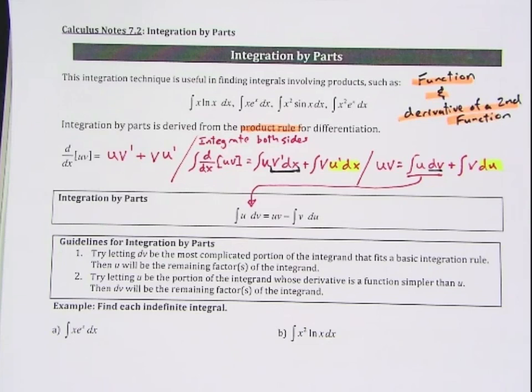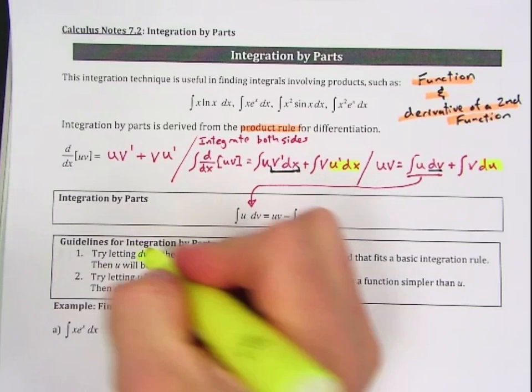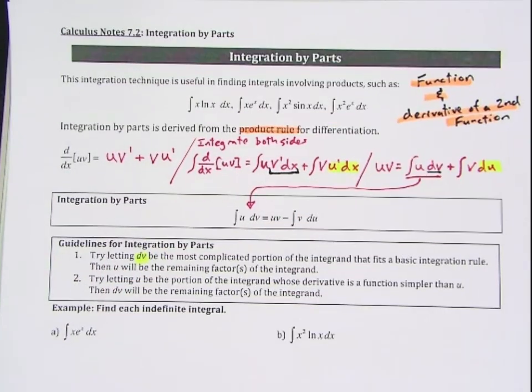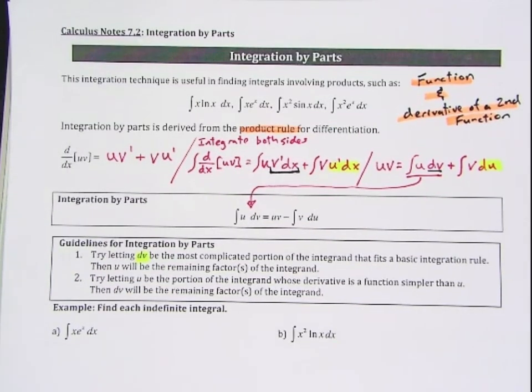Yeah. So the trick with a lot of integration is deciding what part of your function is going to be u, and then what part of the function will be dv. So first off, let's just talk about dv. It says, try letting dv be the most complicated portion of the integrand that fits a basic integration rule. Then u is going to be the rest of the stuff. Okay?